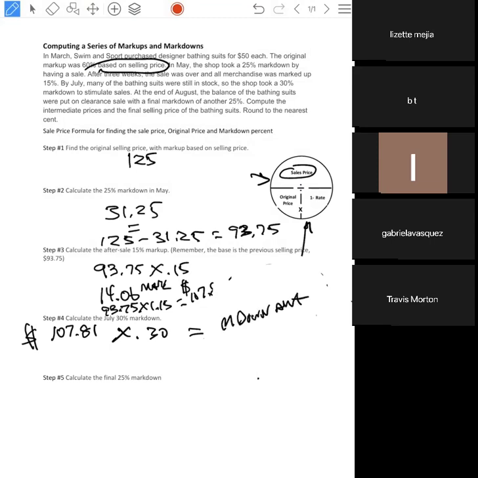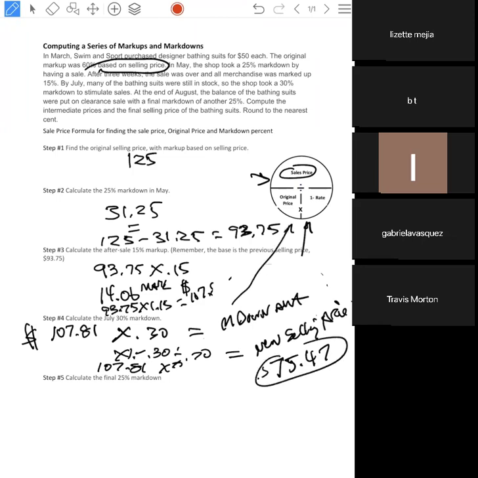Or I could also do it by the complement, 1 minus 0.30, which is 0.70. And I could take 107.81 times 0.70, and that would give me my new price, $75.47. So that's, again, using this formula here.